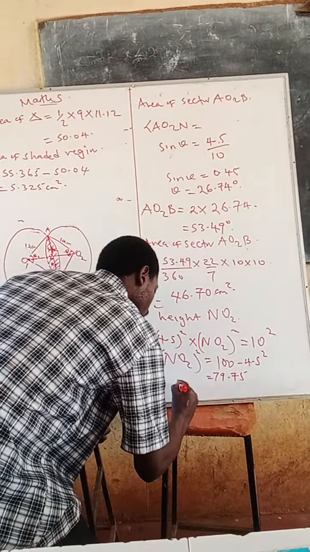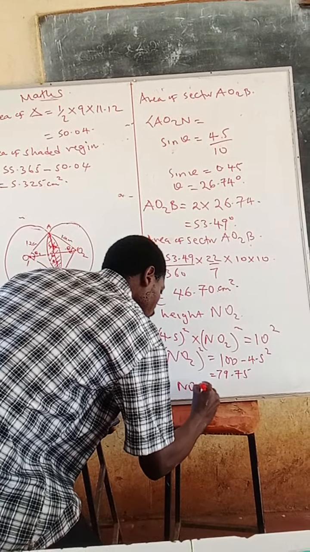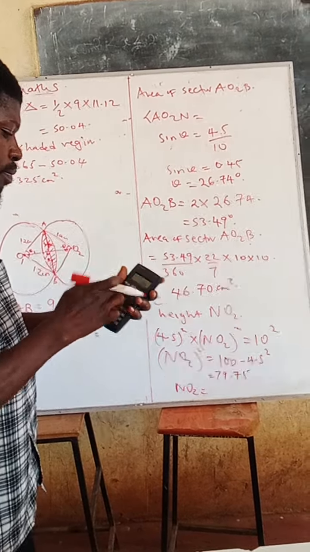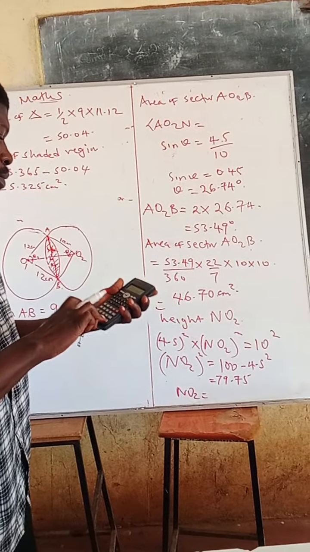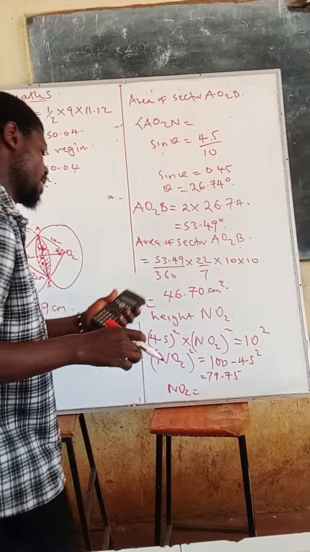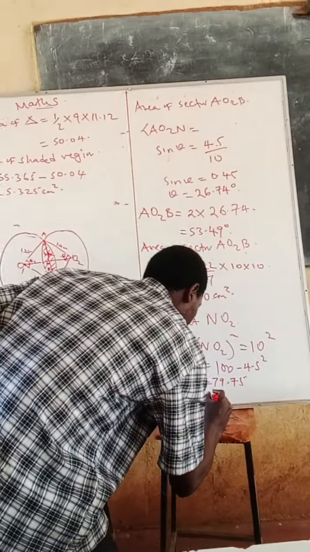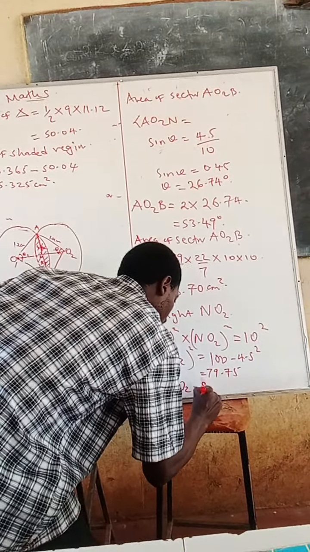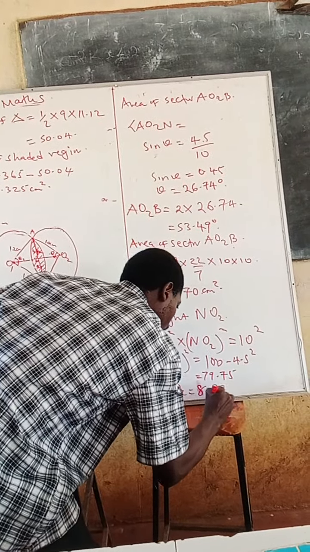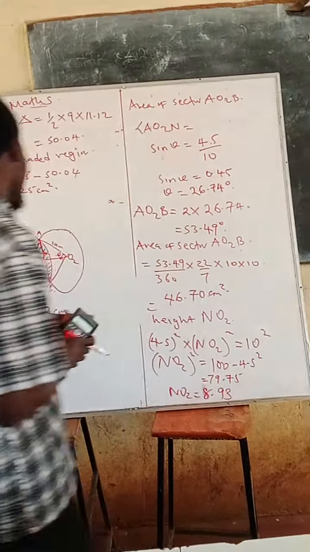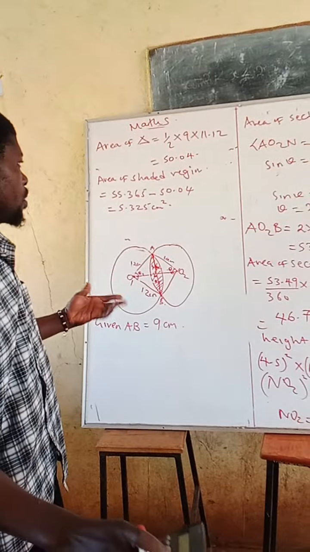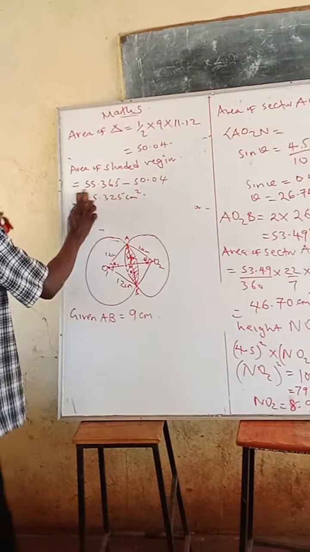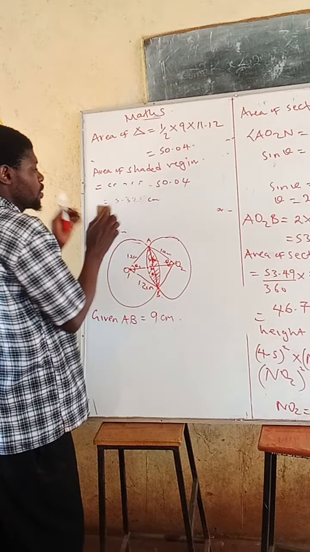So NO2 equals the square root of 79.75, which gives us 8.93. That's this distance. Now, we have simplified our equation. We are almost through the first one.